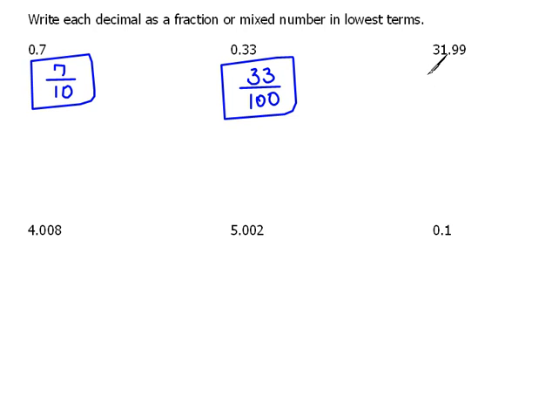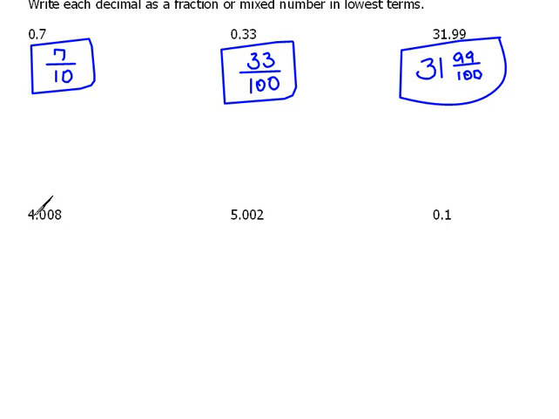If I write that as I say it, that's 31 and 99 over 100. That's writing it as a mixed number. So mixed numbers are only going to be ones that have a whole number part and then a fractional part or a decimal part.